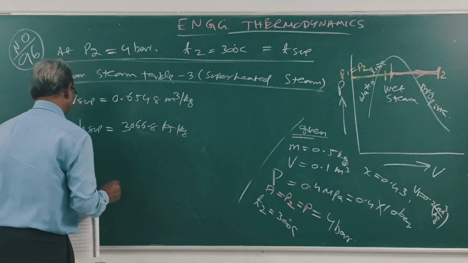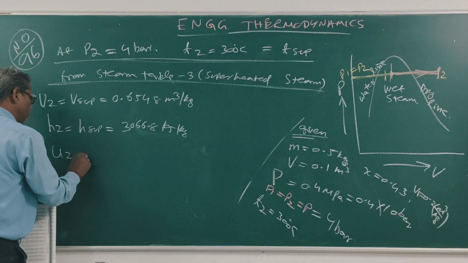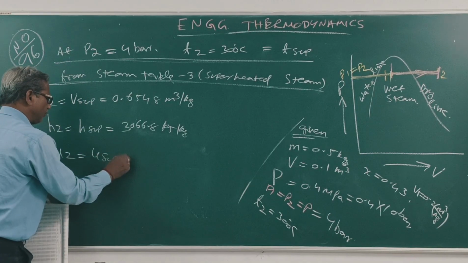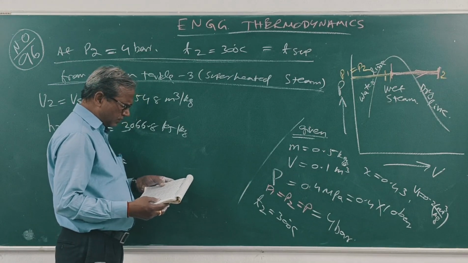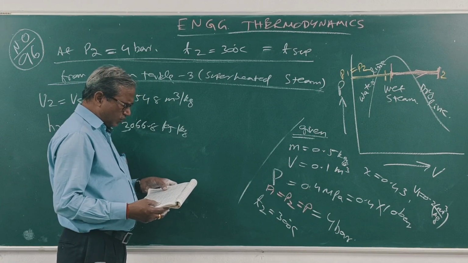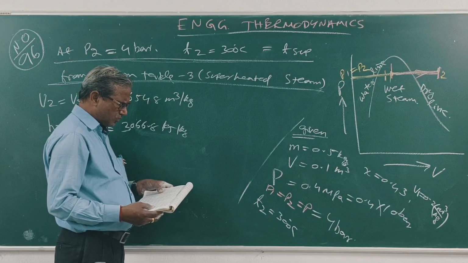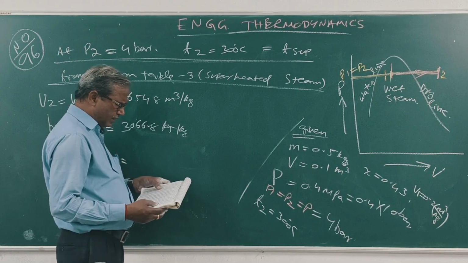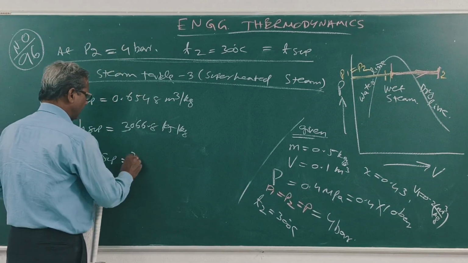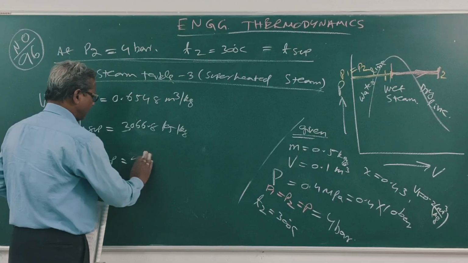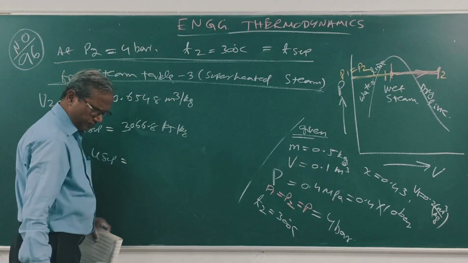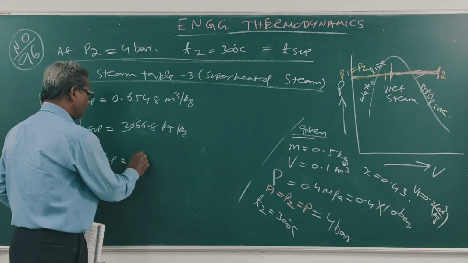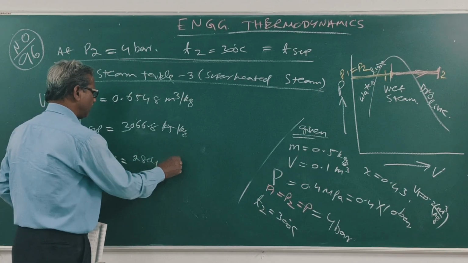Next, U2, U superheated: 2804.8 kJ per kg.